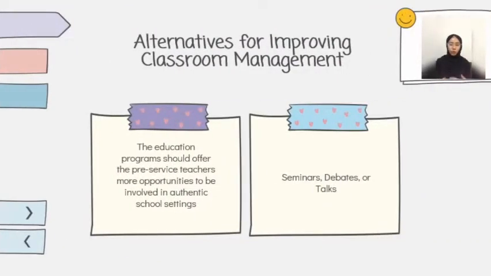Okay, so now we move on to the alternatives. In terms of alternatives, it is suggested that the education programs should offer the pre-service teachers more opportunities to be involved in authentic school settings.